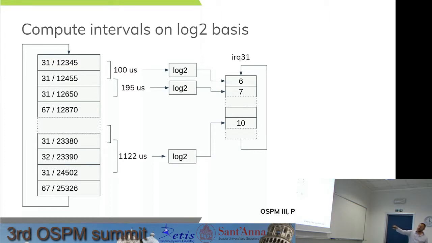That means this array, instead of having values from 0 to 1 million microseconds, has 0 to 32 values. Sorry, it's not the index. Each entry is just a log2 delta.